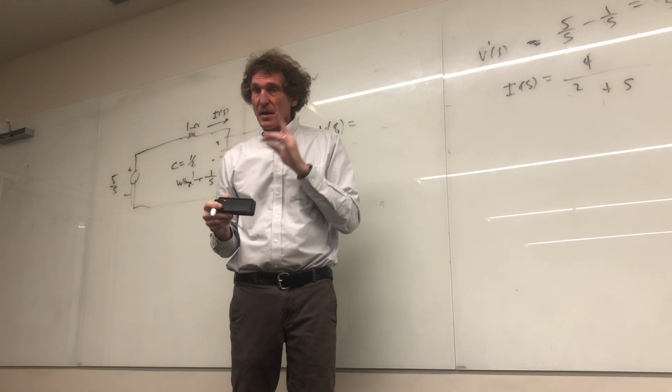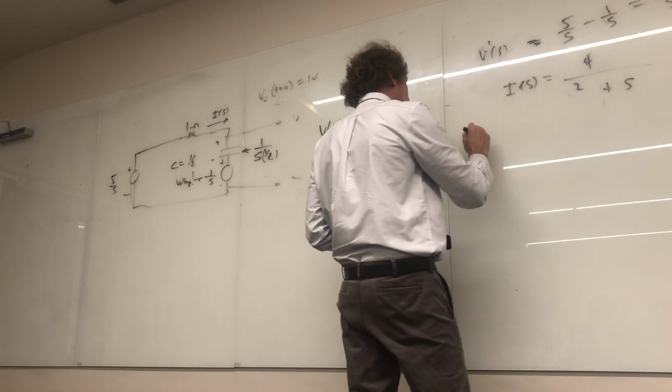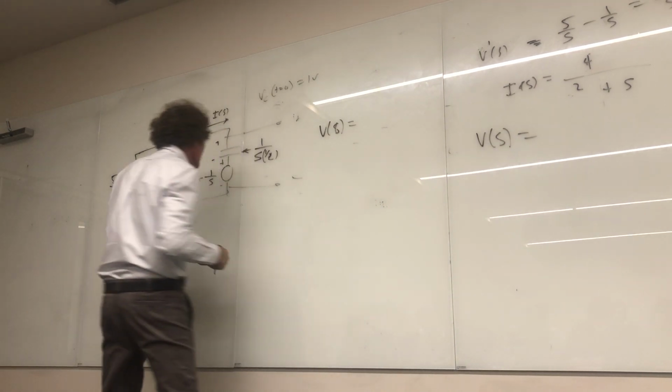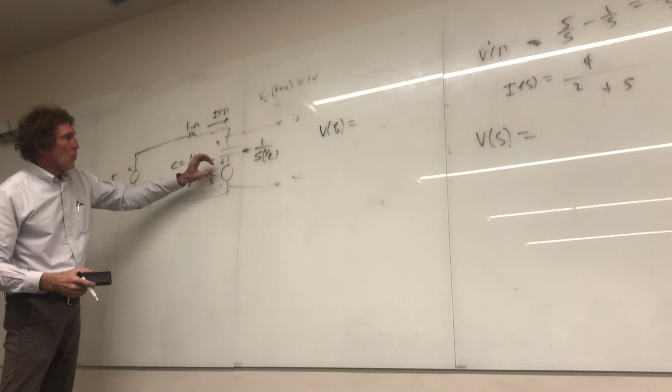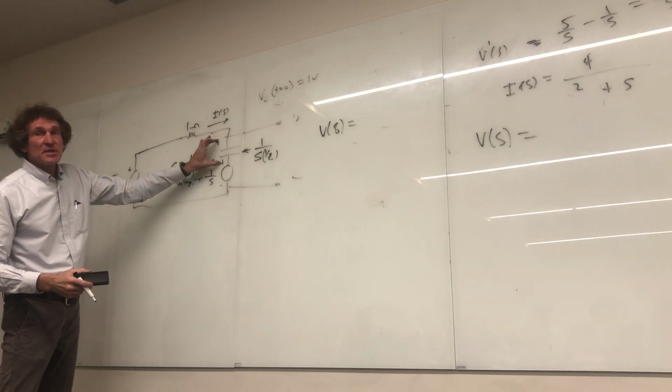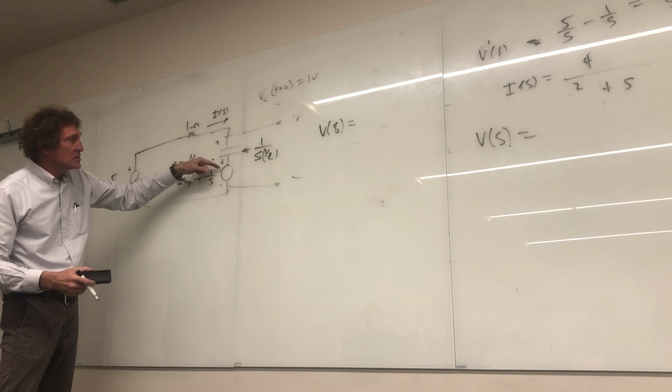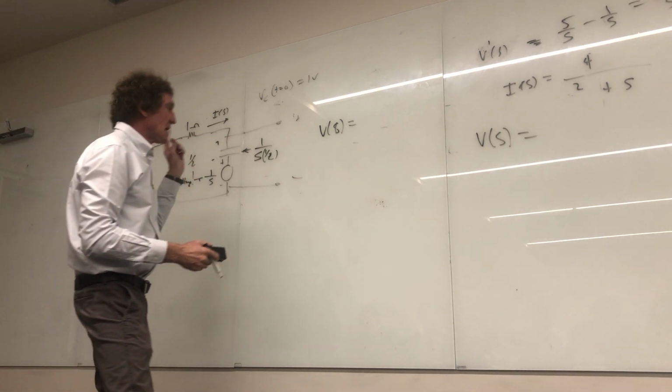Everybody got me? Now I'm going to get V of S. V of S is going to be equal to that current times 1 over SC, because the impedance of this is 1 over SC, so the voltage here will be 1 over SC times the current.